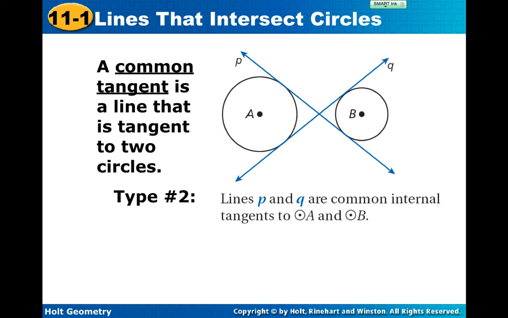Draw me two concentric circles, without erasing it. Okay. Tangent lines.